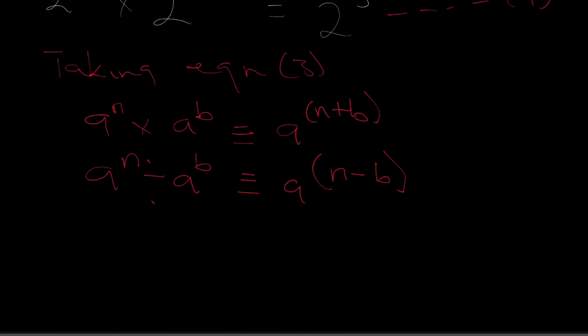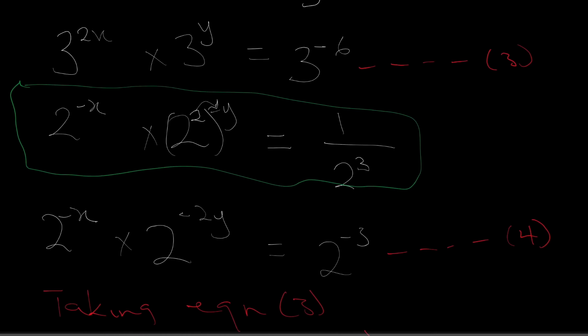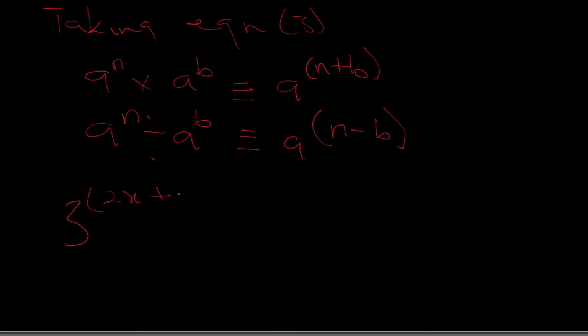So our equation 3 then becomes 3 raised to the power 2x plus y, and it's multiplication, so it's plus, is equal to 3 raised to the power negative 6.